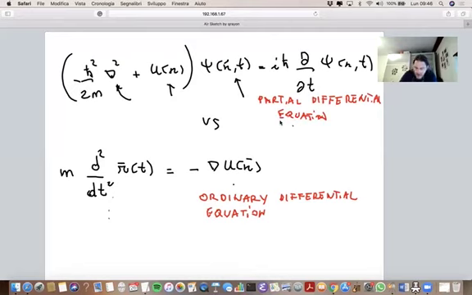And so the mathematical structure underneath quantum mechanics is inherently different from the mathematical structure underneath classical mechanics. The leap from ordinary to partial differential equation is not just incremental, it is a huge, gigantic jump.